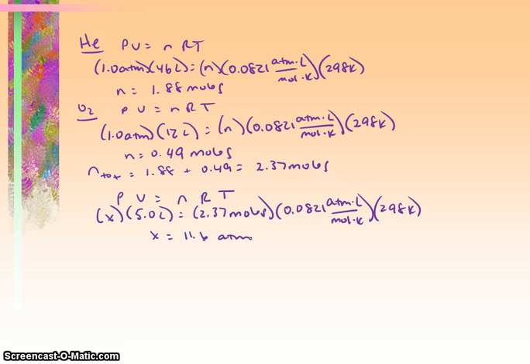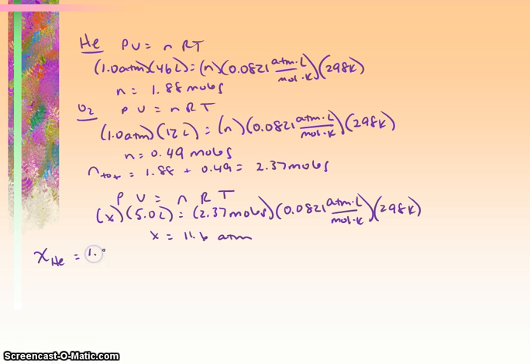Now, each of the gases is going to exert part of that total pressure. So what we're going to figure out now is what part of the whole each of the gases is in terms of moles, and then we'll be able to figure out what part of the whole in terms of pressures. So what we're going to look at is what's called our mole fraction for helium. It's just going to be the moles of helium over the total.